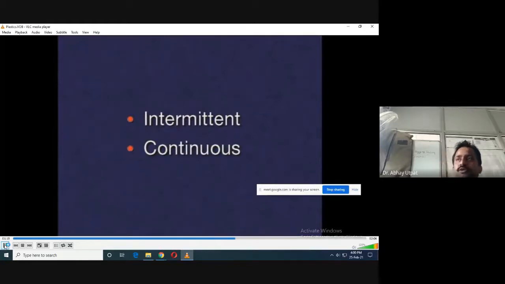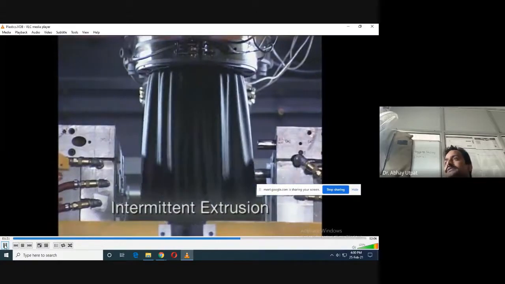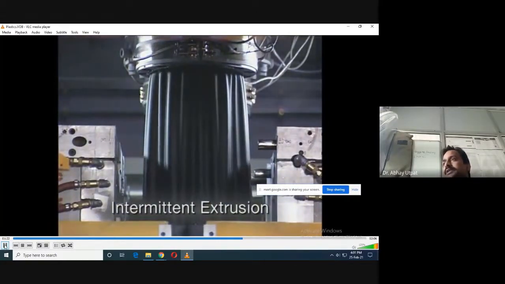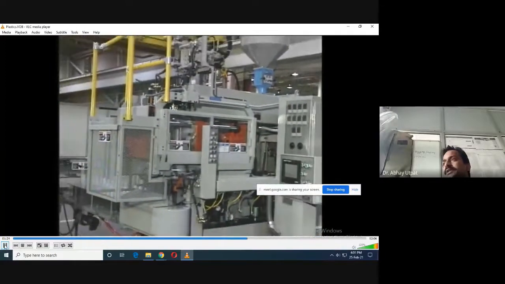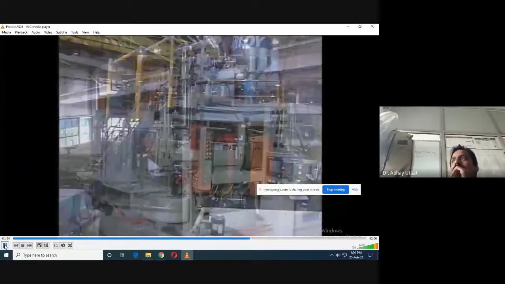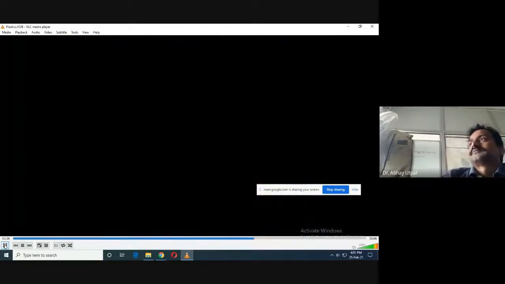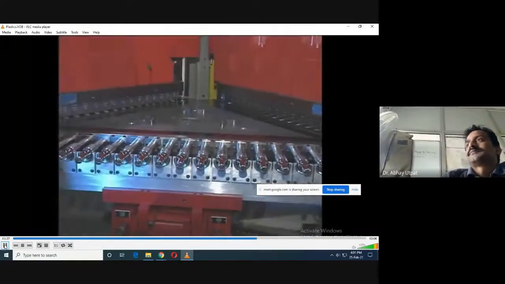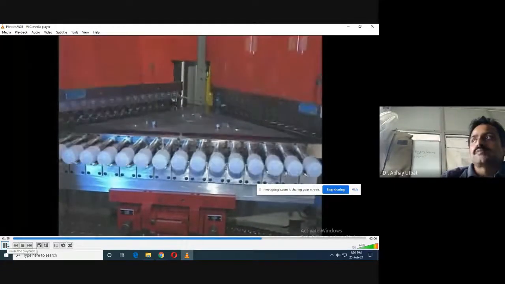Intermittent and continuous. Intermittent extrusion. These machines are very costly. This is the injection blow molding process.